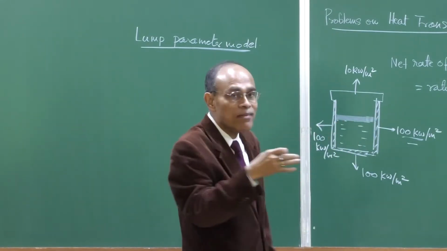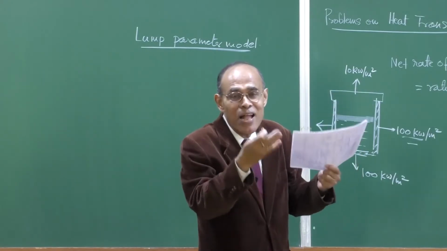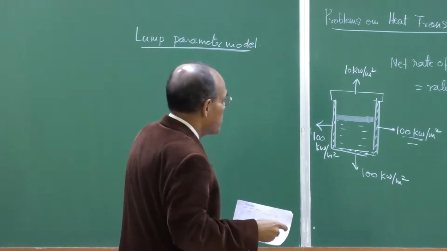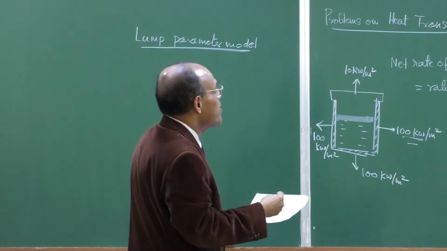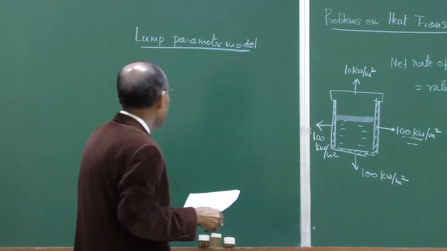This tells us what kind of a value. It is not 100 degrees centigrade, it is not 1000 degrees centigrade, but it is of the order of 10 degrees centigrade for 10 minutes of transport. That is the kind of loss we will be expecting. So, first hand estimates can be usefully obtained by performing such simplified calculations.